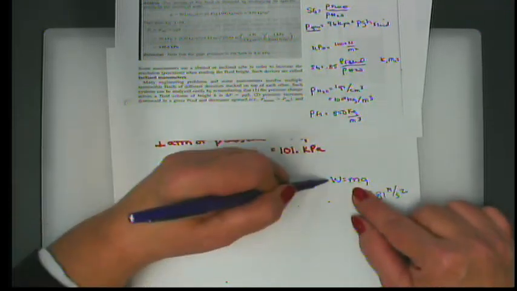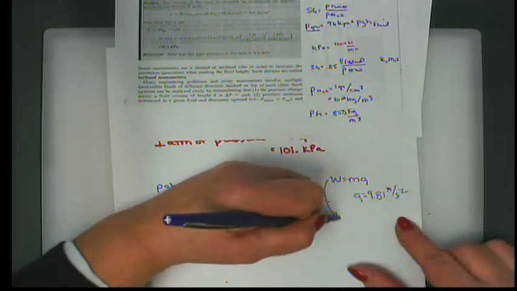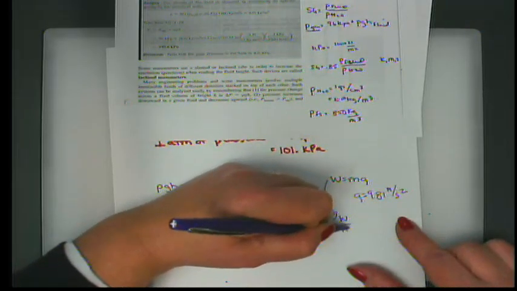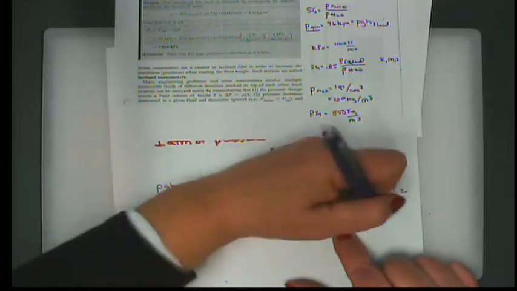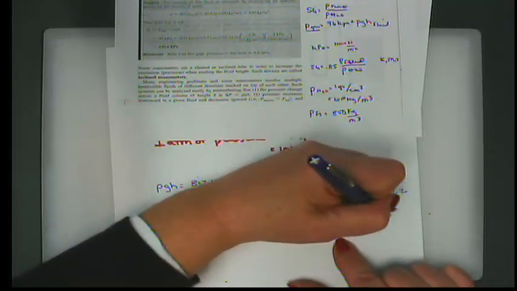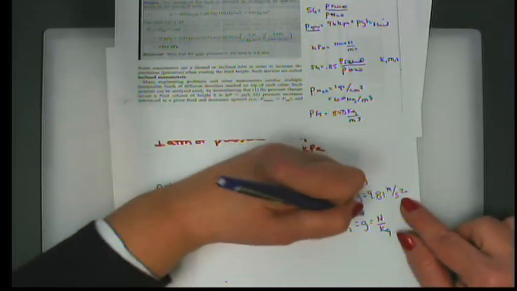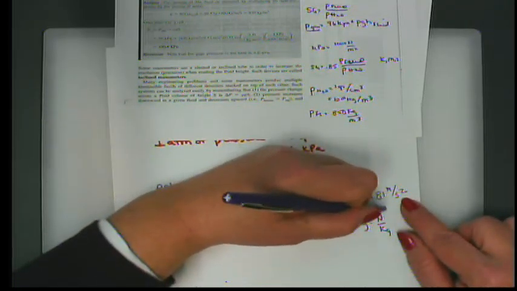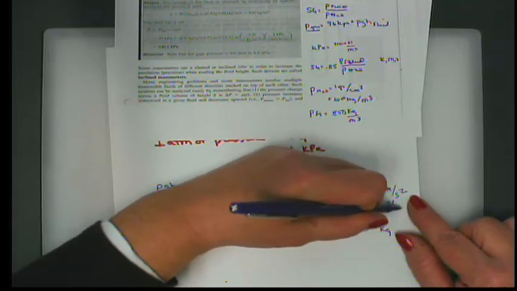But if you go back to Newton's second law, you can also see that weight per mass is equal to gravity. And in the metric system, weight is measured in newtons, mass is measured in kilograms. So I can also say that G is equal to 9.81 newtons per kilogram. Those are dimensionally equivalent.